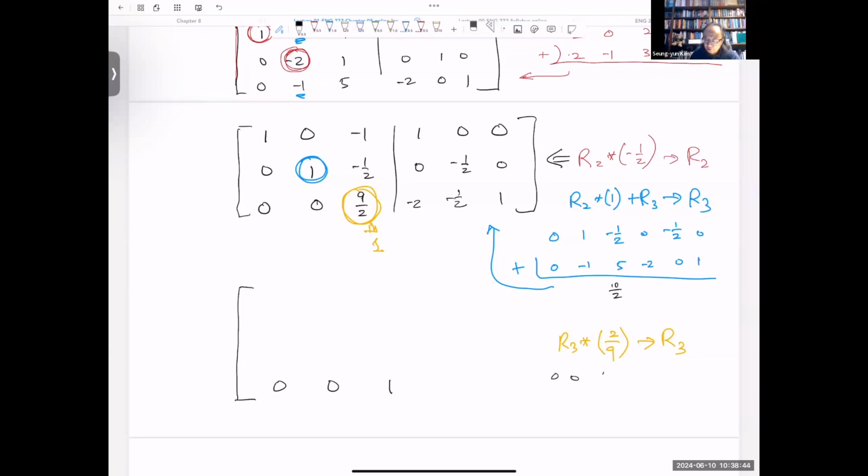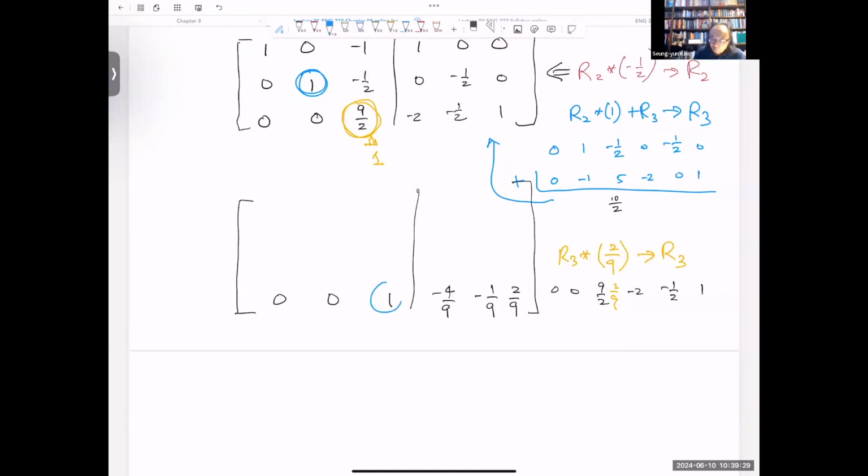We have 0, 0, 9 over 2, negative 2, negative 1 over 2, 1. And we multiply 2 over 9 everywhere. So we have 0, 0, 1, negative 4 over 9, negative 1 over 9, and 2 over 9. So now we have a 1.